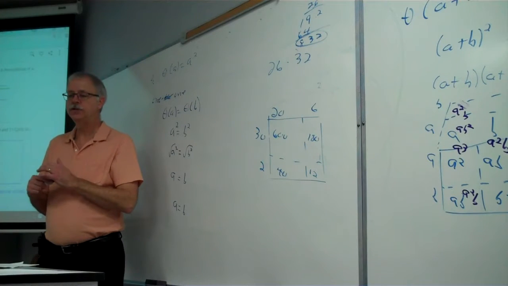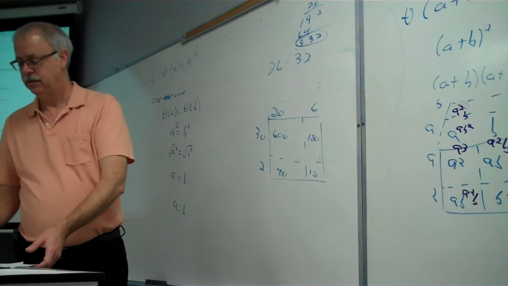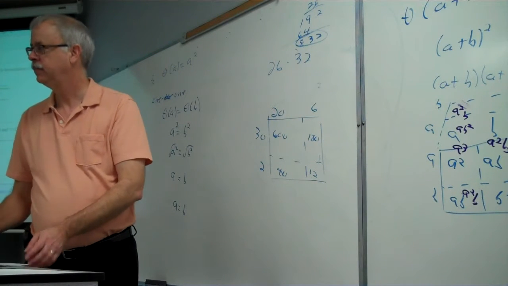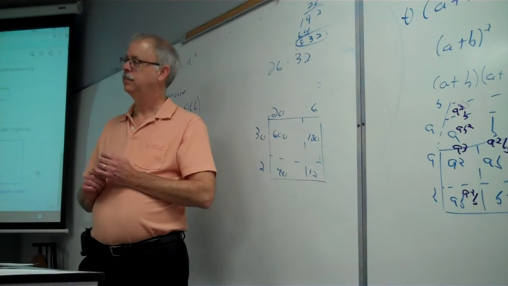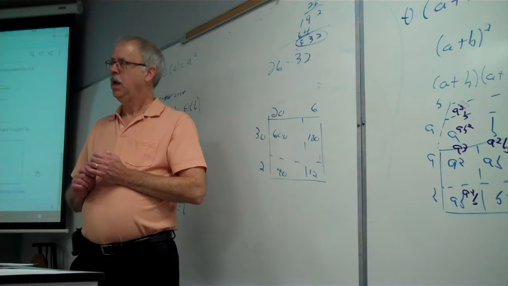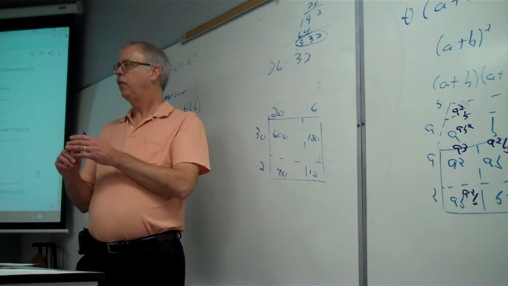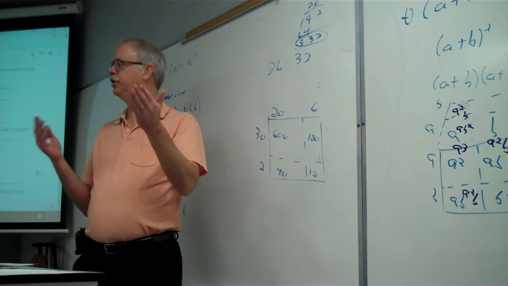Other questions? Yes. When finding the generators, when do we go until we find 1, and when do we go until we find 0? Sometimes it changes. If our operation is addition, the identity for addition is 0.